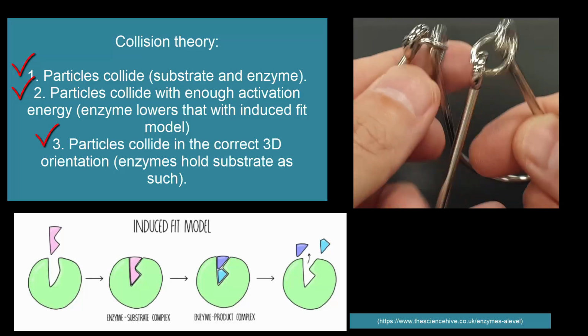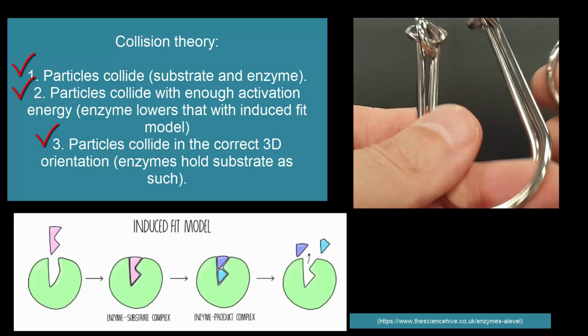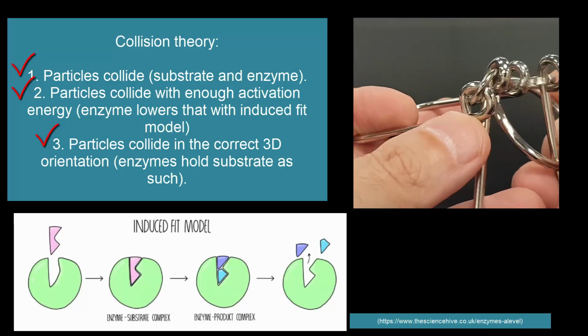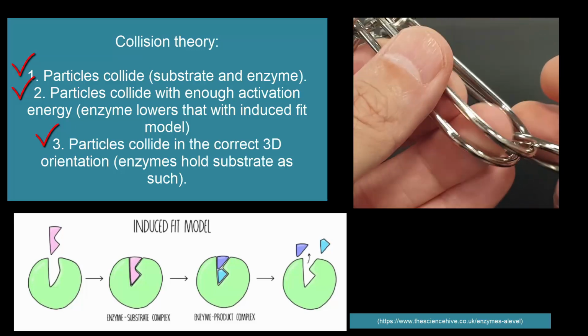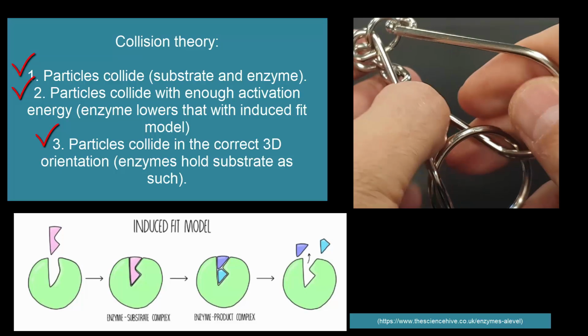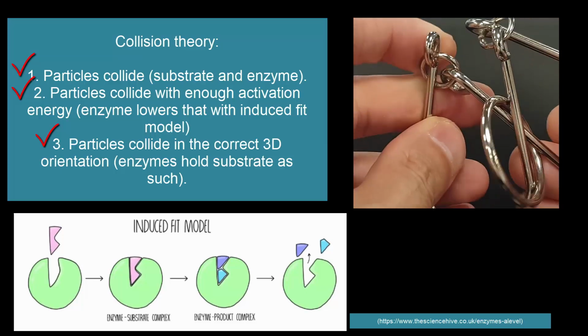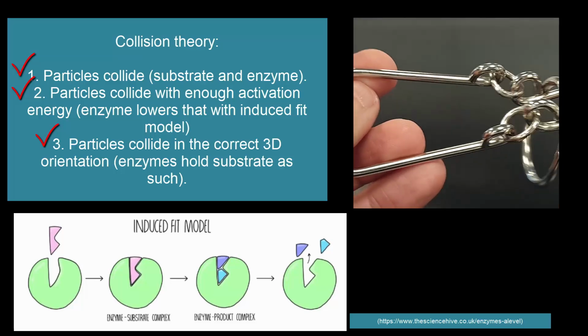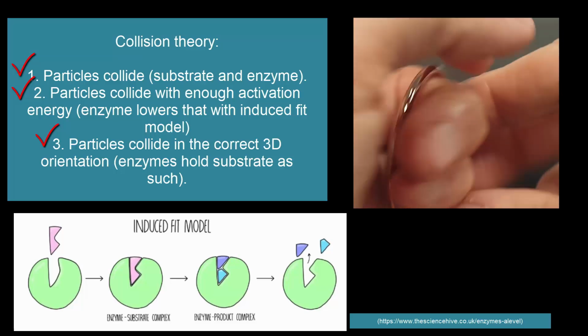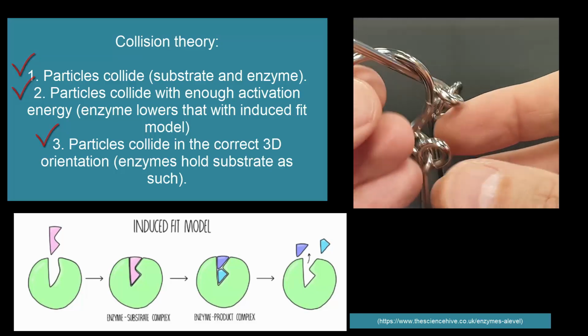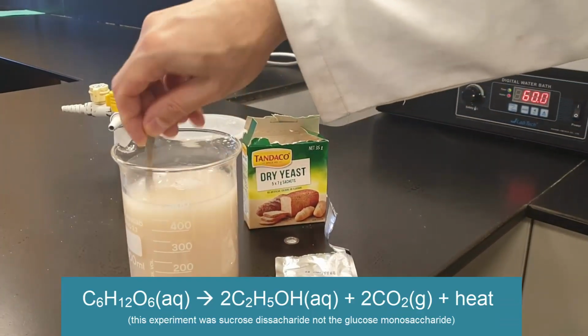But the enzyme also holds it in the correct place. That's what a catalyst does. And so there's quite a lot going on in this. Temperature does affect 1, 2, and 3, but the enzyme has a massive impact on 2 and 3, sometimes like 1,000,000 times greater. So this is how the reaction goes.